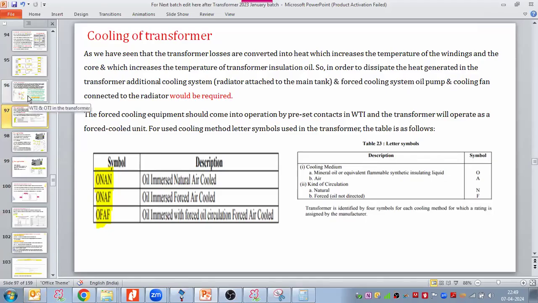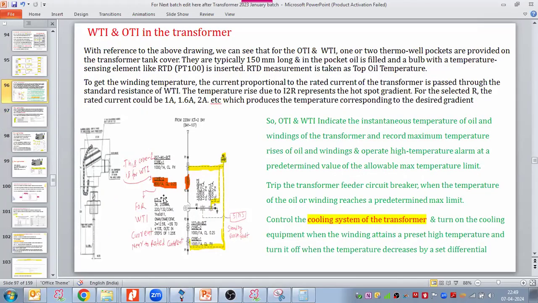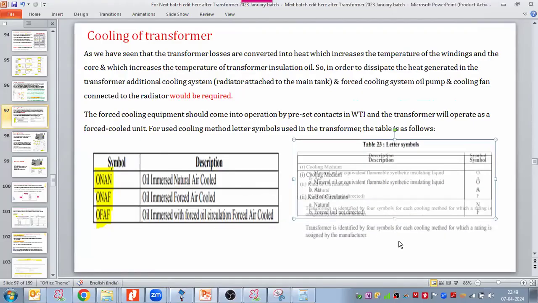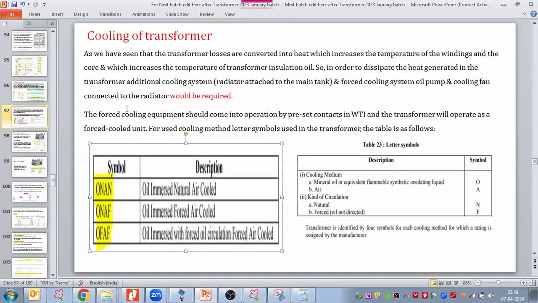Now, since the WTI and OTI are controlling the cooling of the transformer, let us discuss the cooling of the transformer and what we do for it. As we have seen, transformer losses are converted into heat, which increases the temperature of the winding and core, which in turn increases the temperature of the transformer insulating oil.